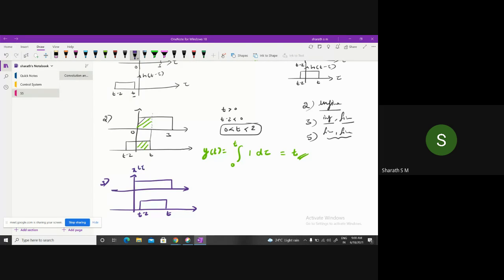This is x of tau, and this one has h of t minus tau. Here, what is the limit for t?